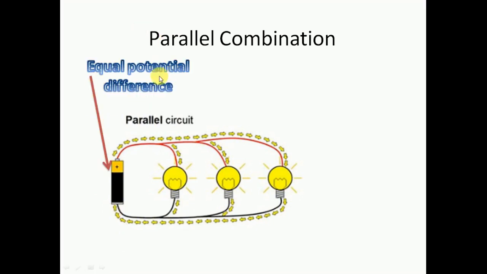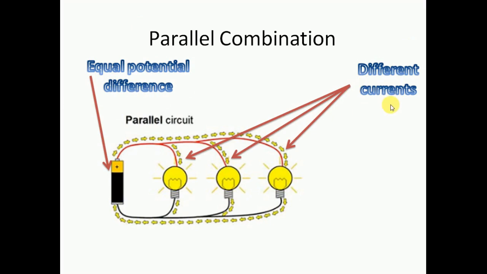So in parallel combination all the components will get equal potential difference and different current flows through different components. So the property is equal potential difference, different current, is the property of parallel combination. So we'll use this property to derive the relation.